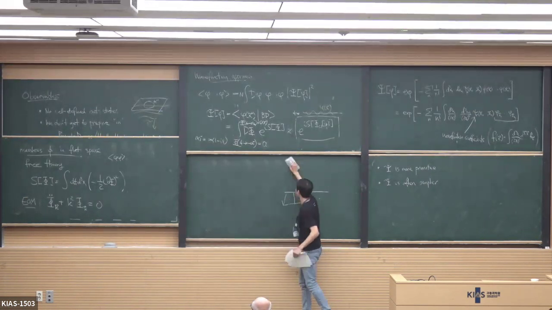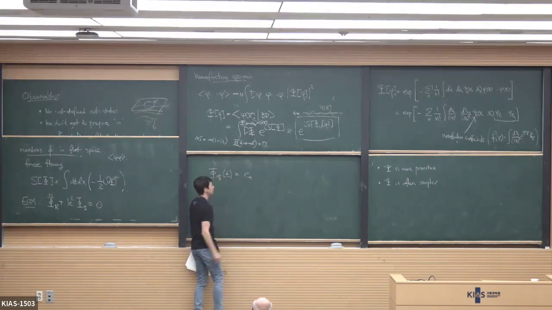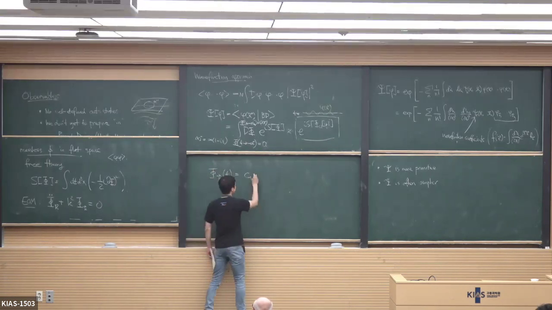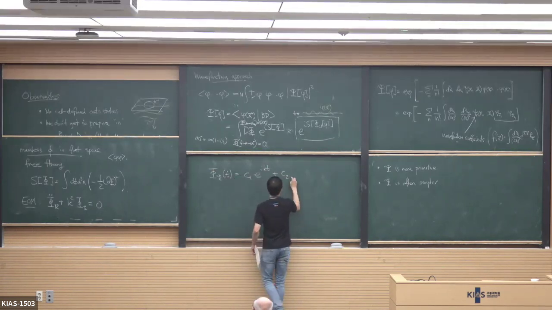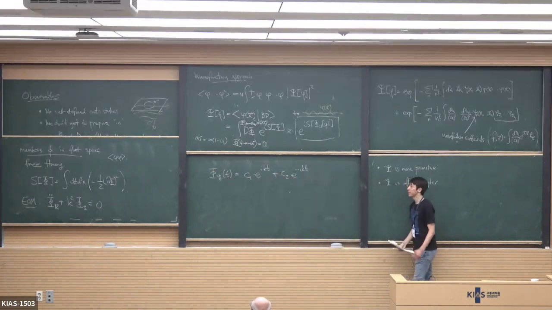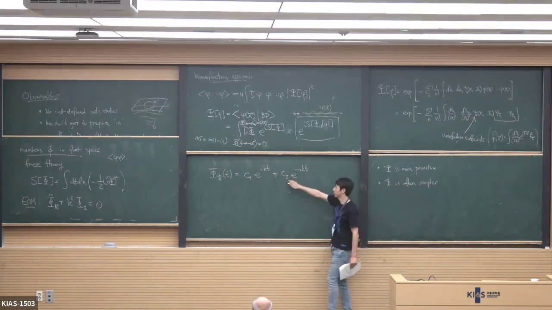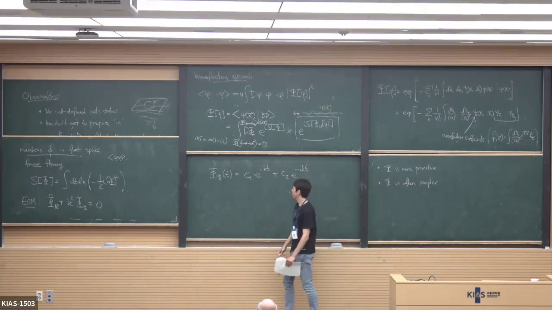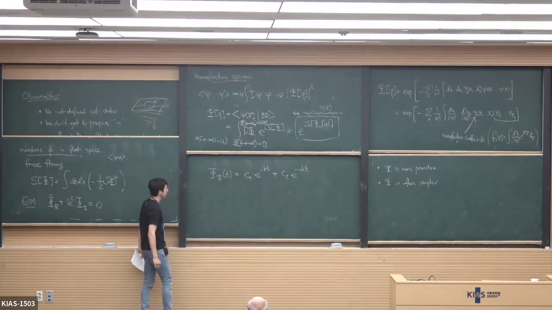So the solutions are the following. We have a linear combination of two plane waves, one with a positive frequency and the other with a negative frequency. Then we will impose the two boundary conditions that we had in order to fix these coefficients. First, let's look at the Bunch-Davies initial condition.